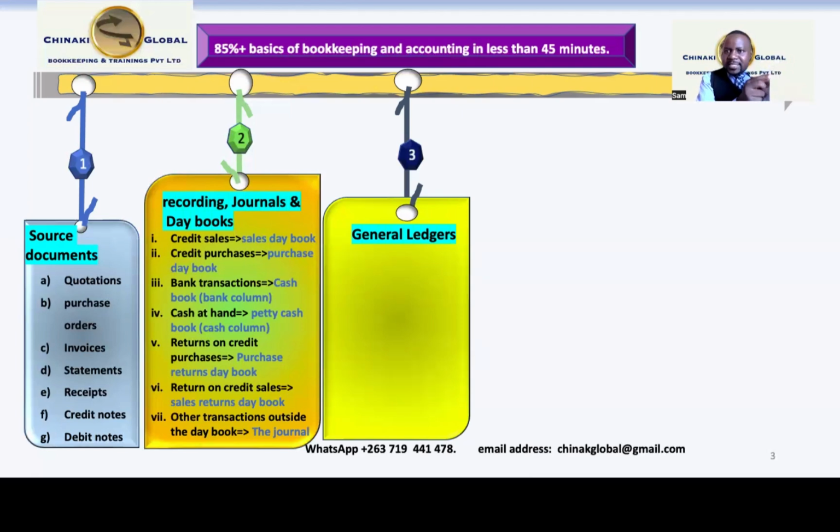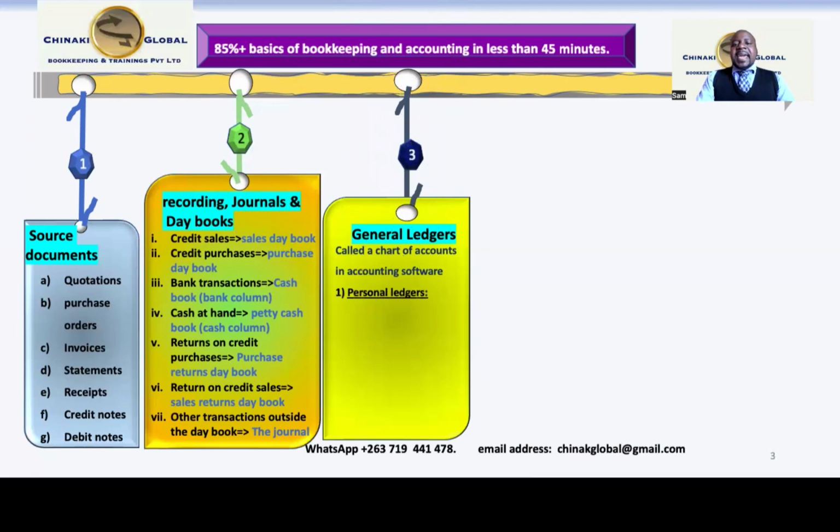The other one we can call sales. The other one we can call discount received, discount allowed. So in simple terms, or in layman's terms, a general ledger is just the chart of accounts. For those people who are using accounting software to do their bookkeeping and accounting processes, chart of accounts can be used as an alternative name for general ledger, right?